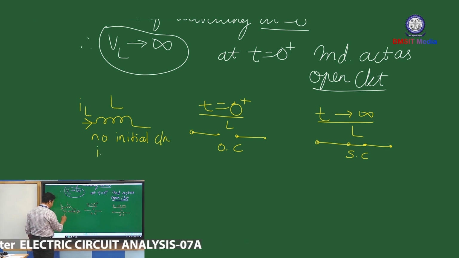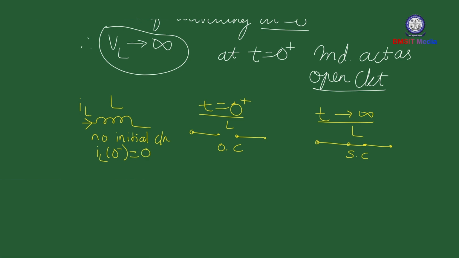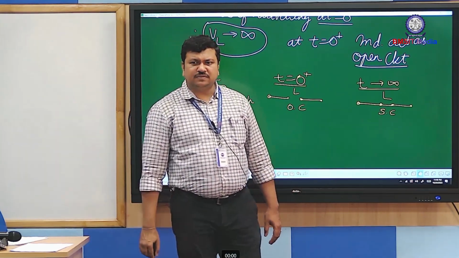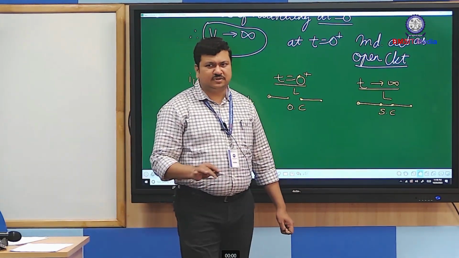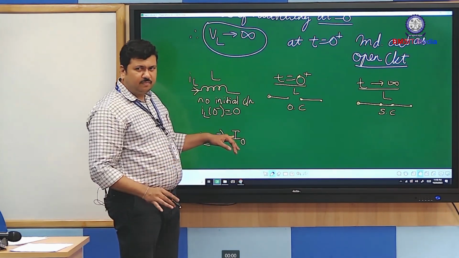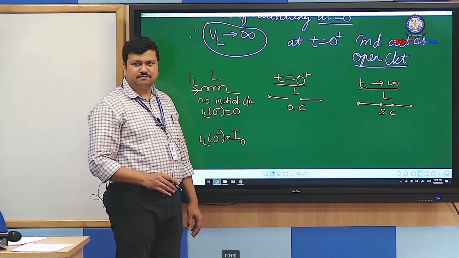Now if I have an initial current, let IL of 0 minus equal some initial current, say I naught. Some current is flowing. IL of 0 minus should be a current itself. It cannot be any other parameter or quantity. It has to be current. So there is some initial current, say I naught.